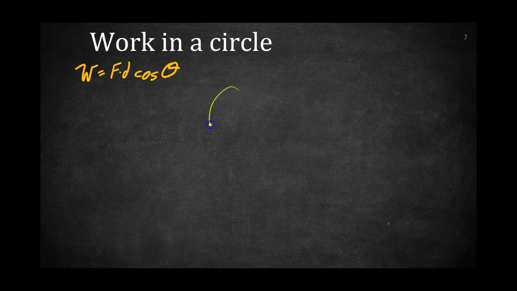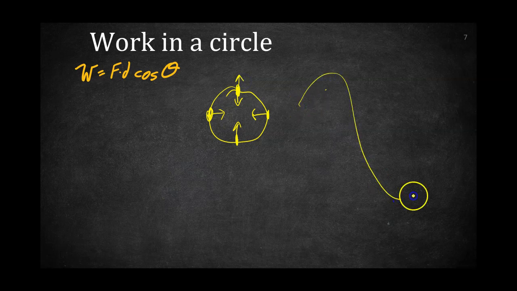When an object is undergoing circular motion, it's important to figure out where the object is when we're calculating work. At each of these points, we have a net force directed inwards, right? We may also have a force acting outwards. An example of this could be a roller coaster.